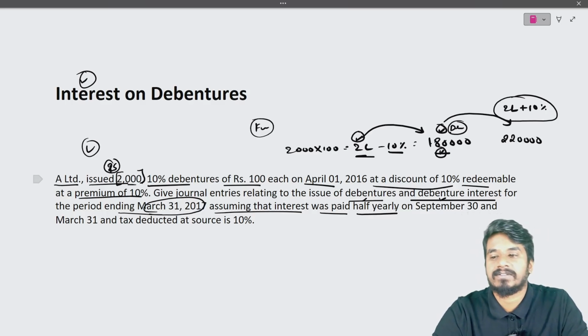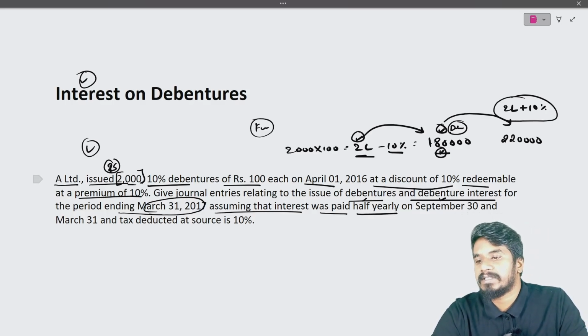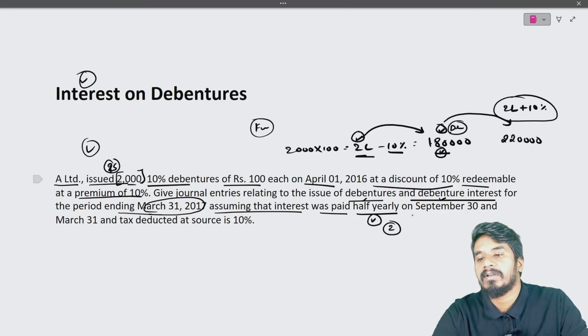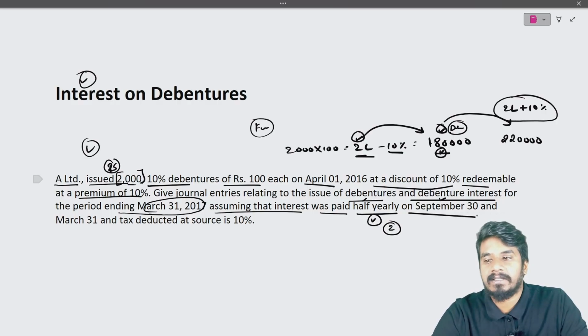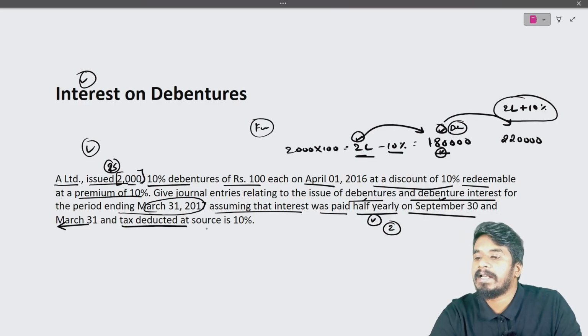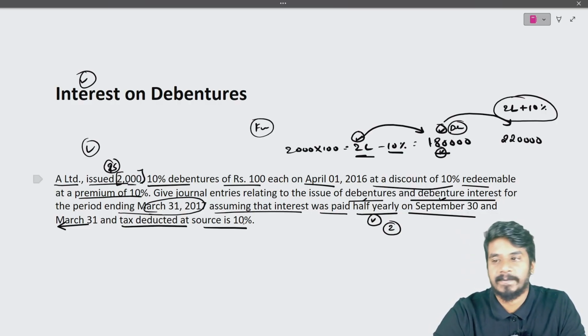In the previous question, we solved a yearly once interest question, but here half yearly, which means two times the company will pay interest, on September 30th and 31st March. Two dates. And tax deducted at source is 10%.